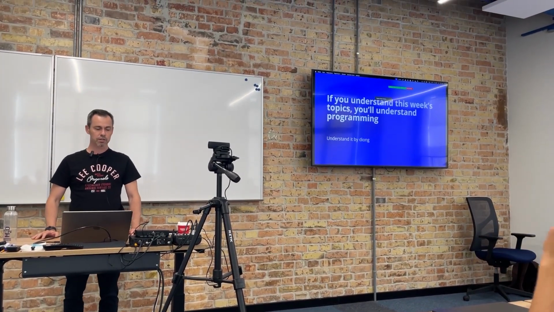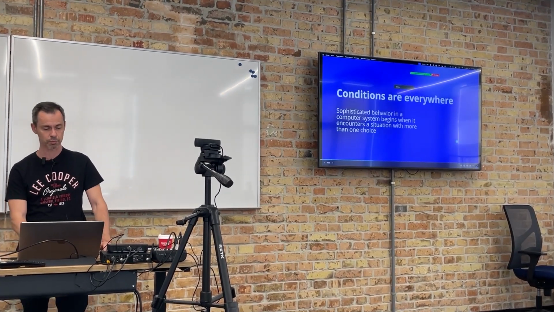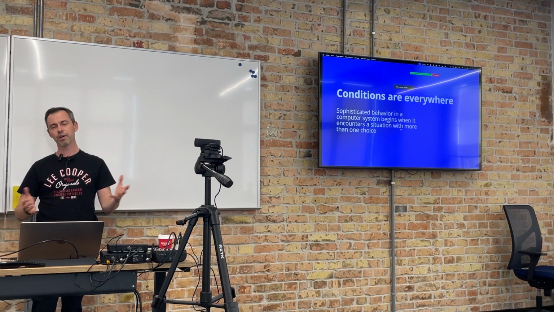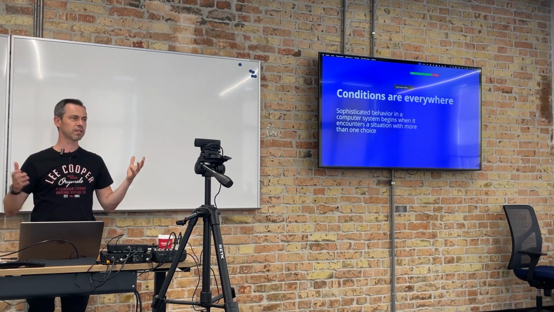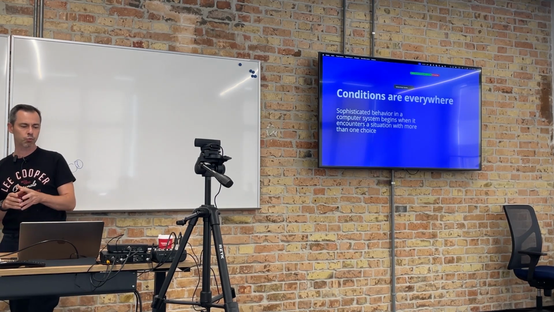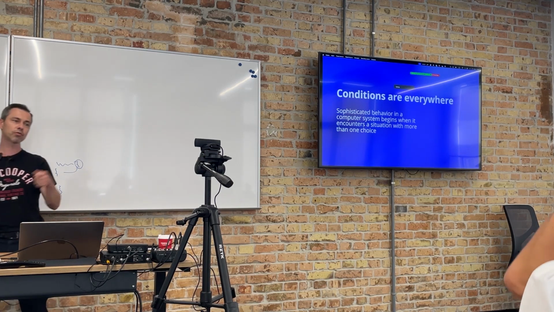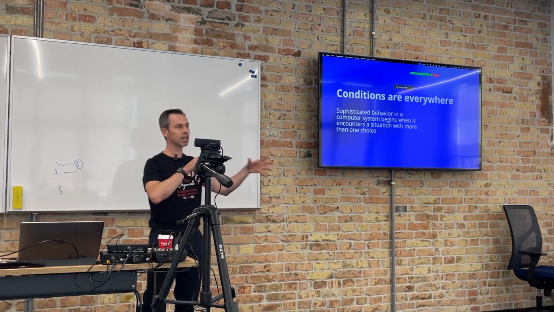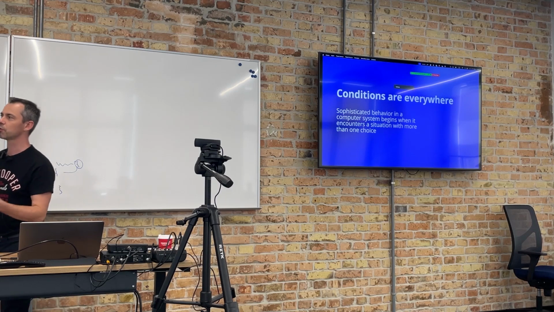So, conditions. Again, I already said that if you understand this week's topics, you'll understand programming. If you do not understand, this is a huge problem. Like with variables, but with conditions, conditions are everywhere. Let's admit that sophisticated behavior of our programs begins when it encounters a situation with more than one choice. You write your programs, you try input, output, but your basic chatbots are not so sophisticated.